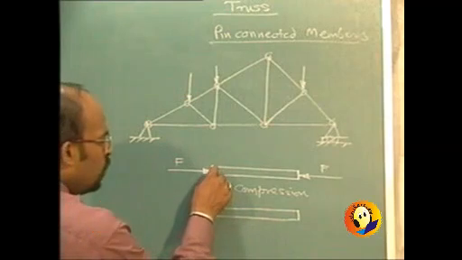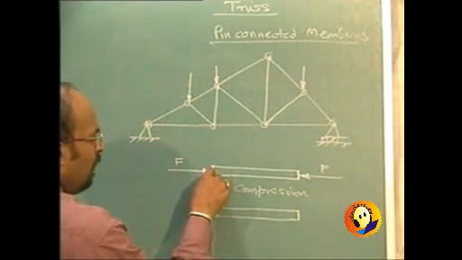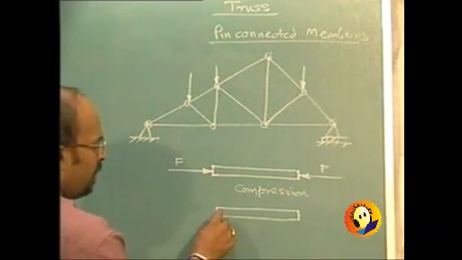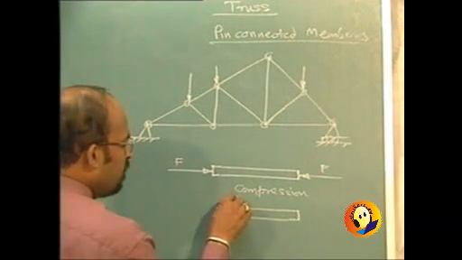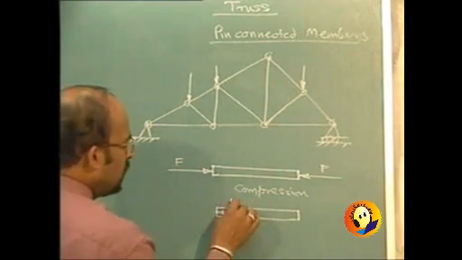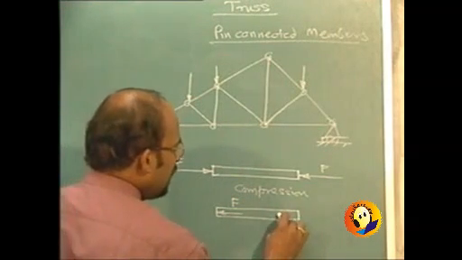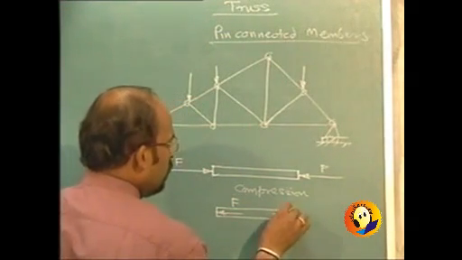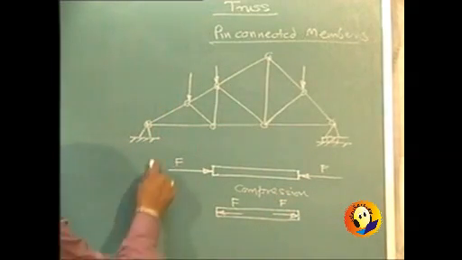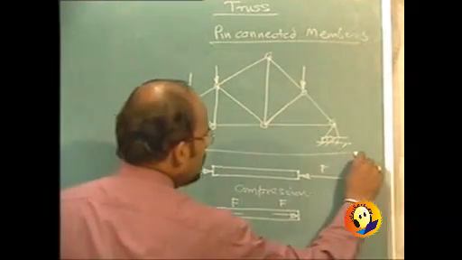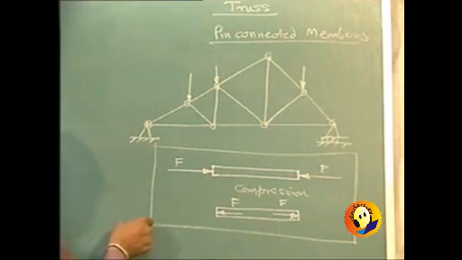Internally, assuming equilibrium of the left end, there will be an internal force supporting it, of the same magnitude and opposite in direction. Similarly at the other end, there will be a force of the same magnitude but opposite in direction. So this is what we call the compressive load.